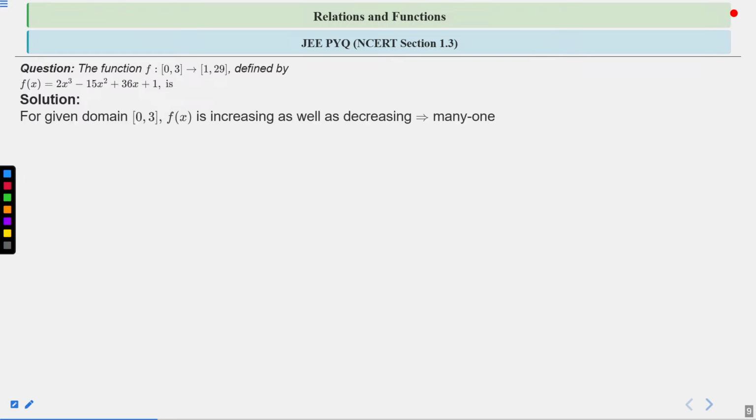So for the given domain, 0 to 3, f(x) is increasing as well as decreasing, so it is many-one. If f'(x) were either always greater than 0 or always less than 0, then f(x) would be a one-one function.